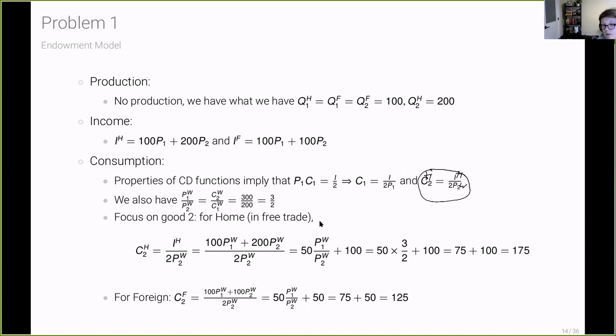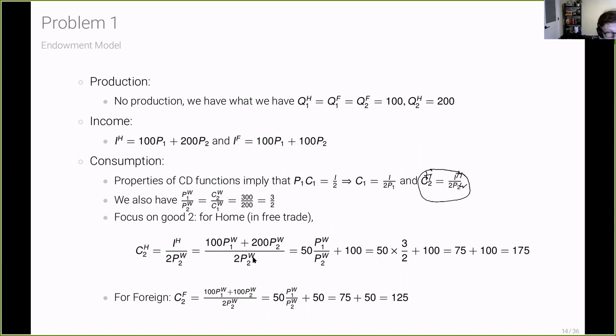It's going to be different when Home is in autarky, but right now I'm just thinking about export supply and import demand, so I really only care about what Home is consuming when it's in world trade. So to be clear, this might change in autarky. Then I'm going to take Home's income from above, where Home's income is basically just what it's endowed with times its prices.